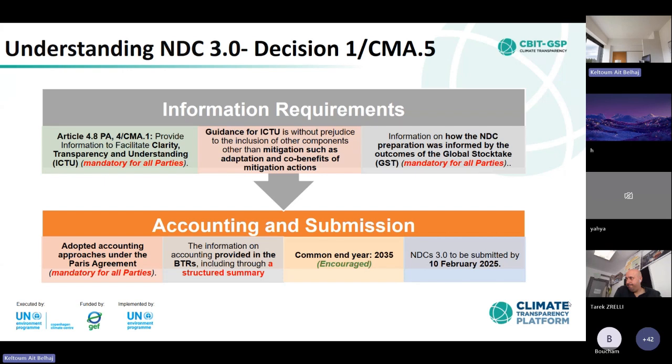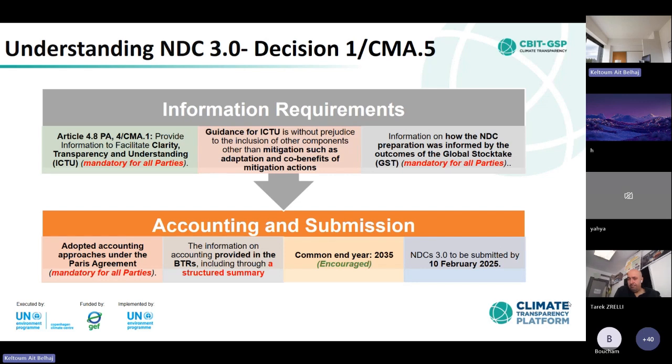Now it's mandatory for all to provide this table, and not just for your mitigation targets. If you have other targets related to adaptation, co-benefits, or whatever, everything should be there. Why? Because this ICTU table is your card, which means a summary of your NDC. It's your actual targets and commitments to the UNFCCC and the global community.